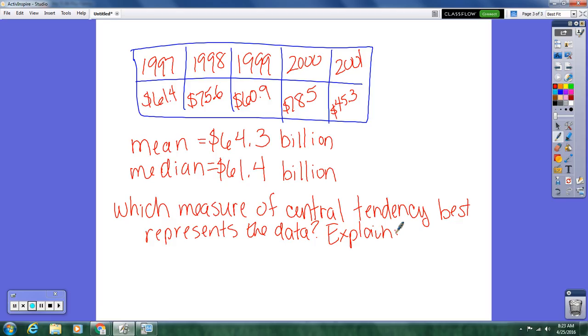So just looking at those numbers, the set of data you have here, and sometimes it helps to put them in order and look at them. So if you did that, you have 45.3, 60.9, 61.4.